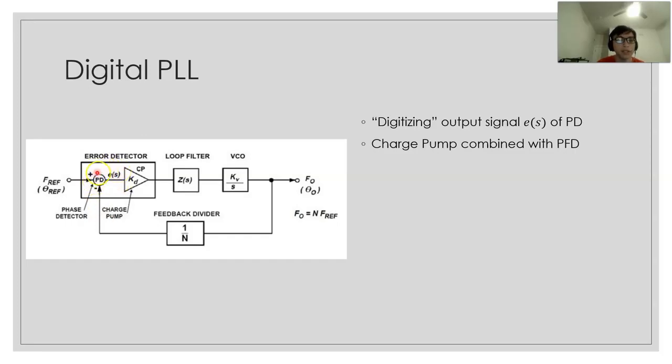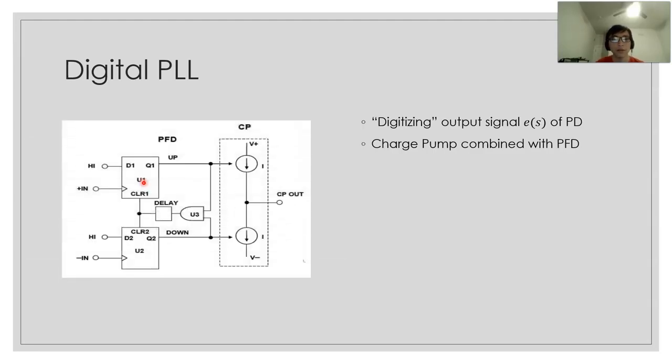It will define the output function E of S, and this E of S will be put into the charge pump as a control signal to the switch, like a one bit signal to control the VCO.